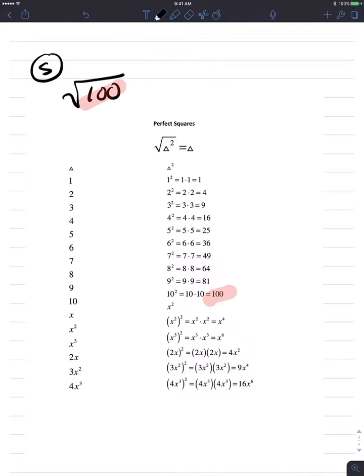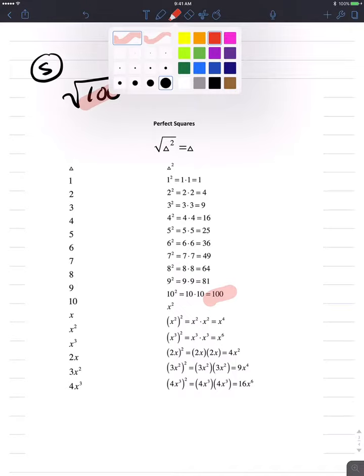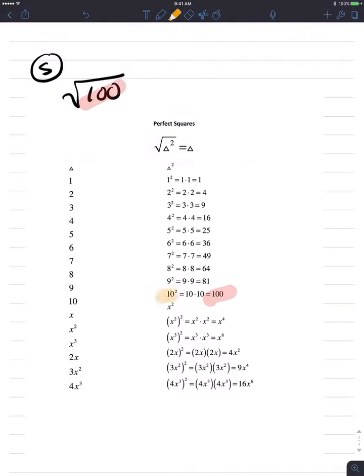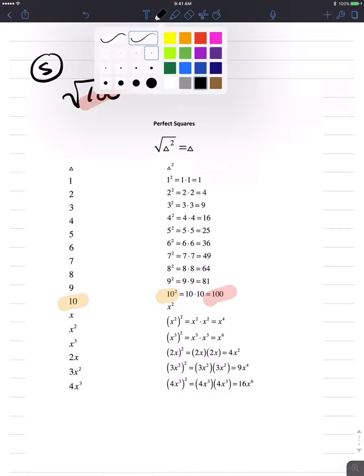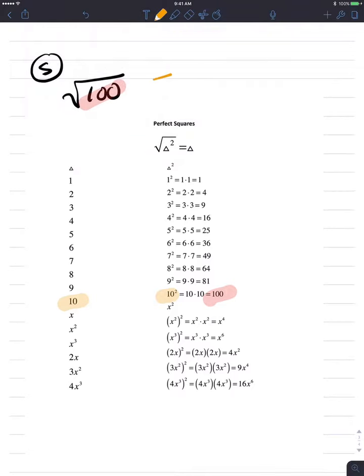The square root of 100 is determining the base that was raised to the second power. In this case, the base was 10. Our answer is the square root of 100 is the value 10.